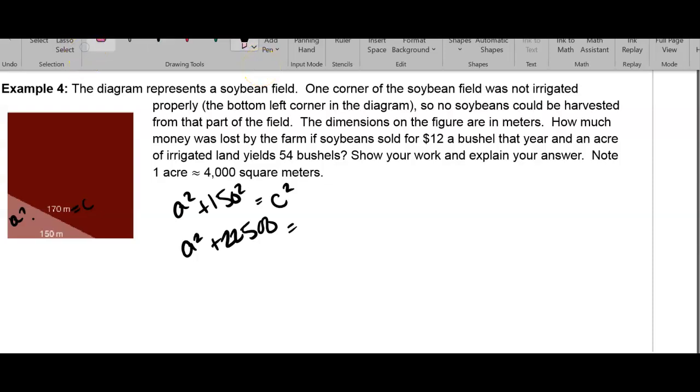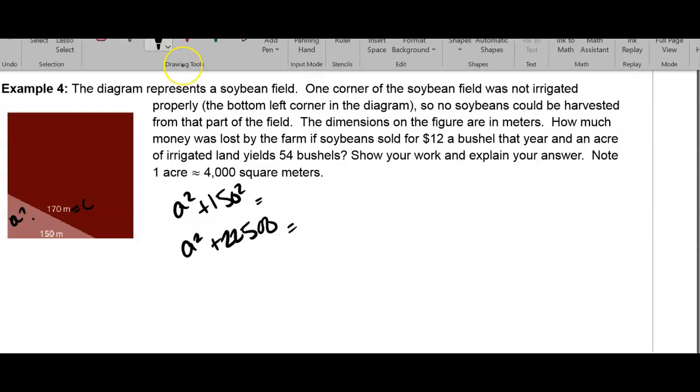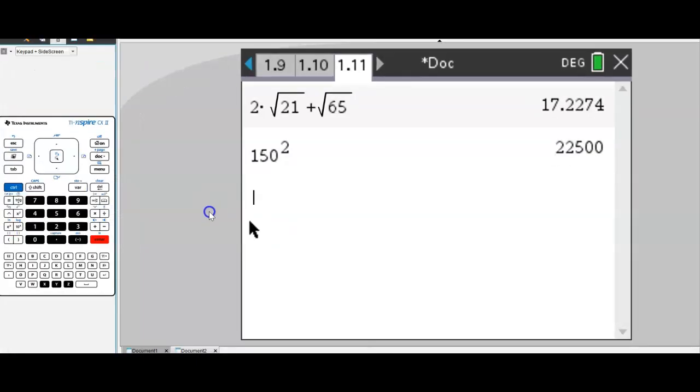Oh, that's not the eraser, this is the eraser. We know C is 170, so this should have been 170 squared. So 170 squared I don't have memorized. So let's actually put that one in. 170 squared, 28900.